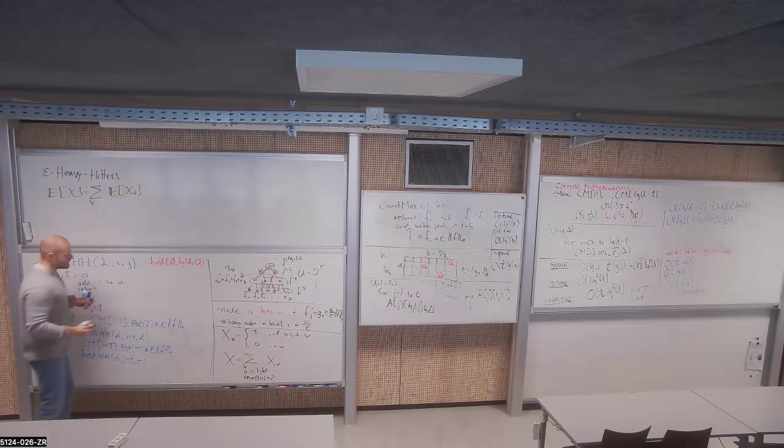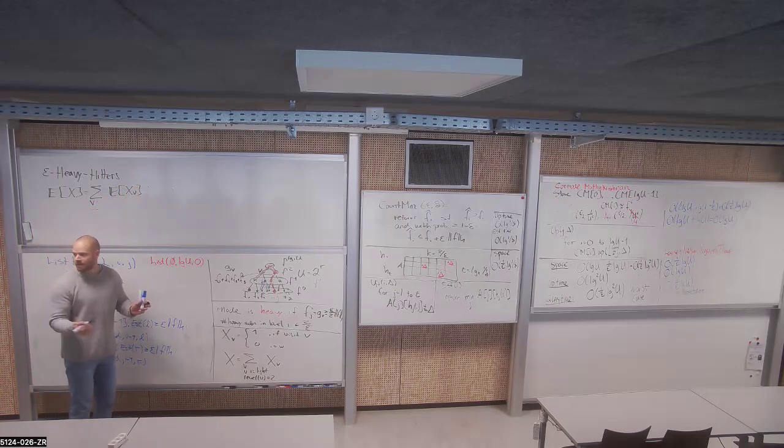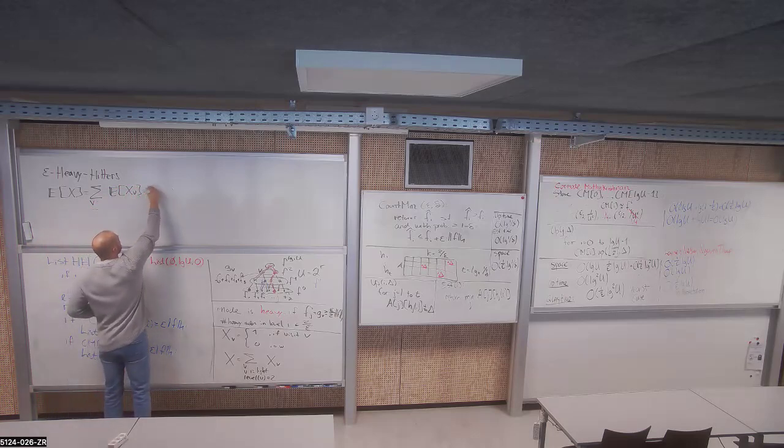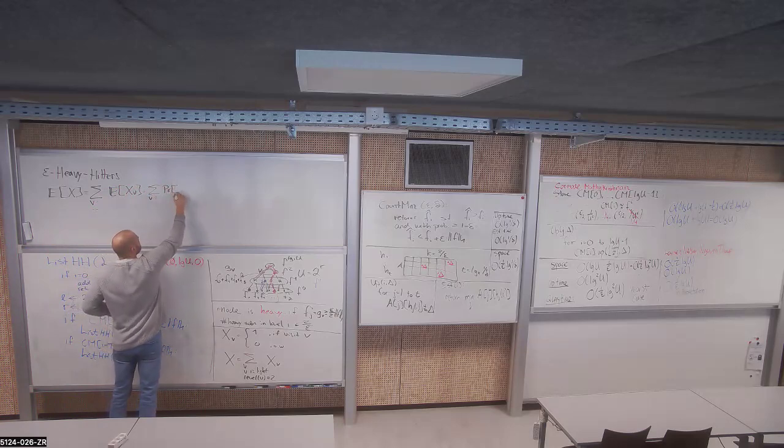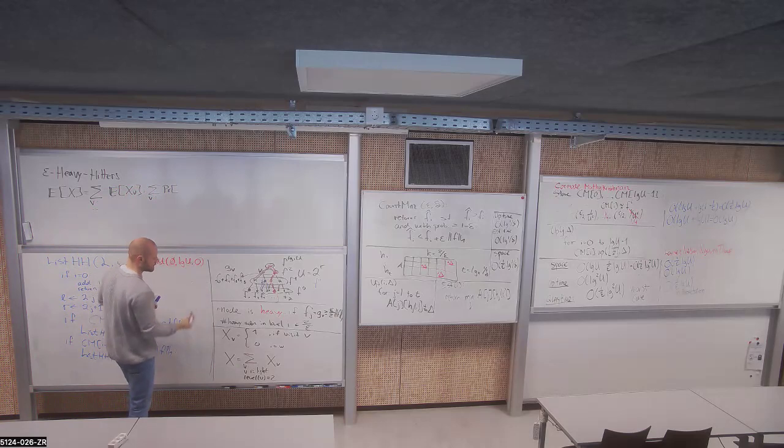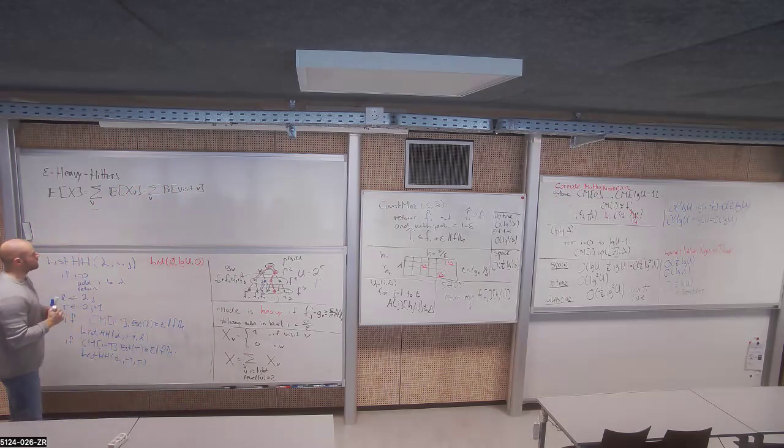And indeed, these xv's are nice indicator random variables, so the expectation is the probability v is visited. Okay. So far, so good.